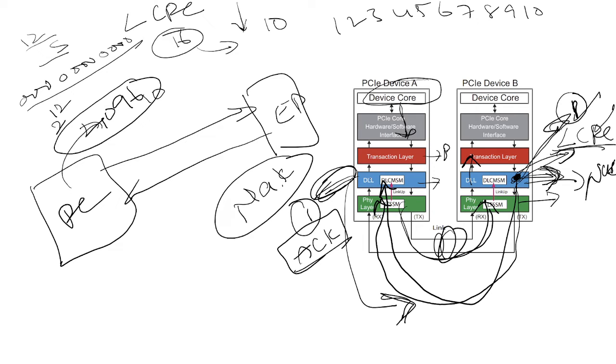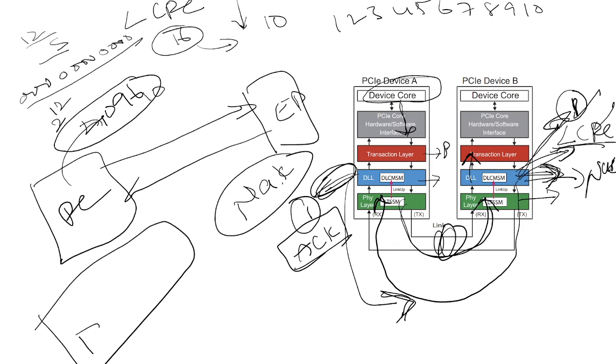Whatever data comes from the transaction layer won't be sent directly. Assume this is the DL layer, the data link layer. We have a retry buffer.